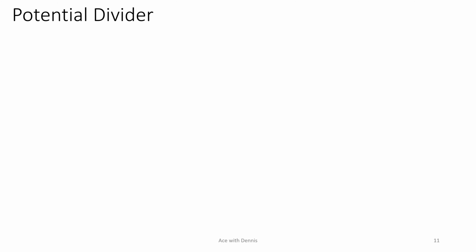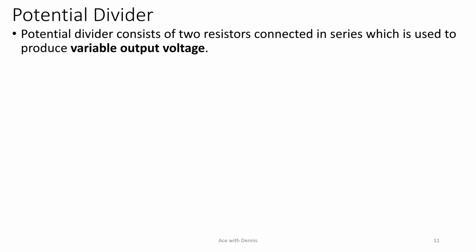Potential divider. A potential divider consists of two resistors connected in series, which is used to produce a variable output voltage. This diagram shows a potential divider. We have the EMF of the cell, which also equals the input voltage.